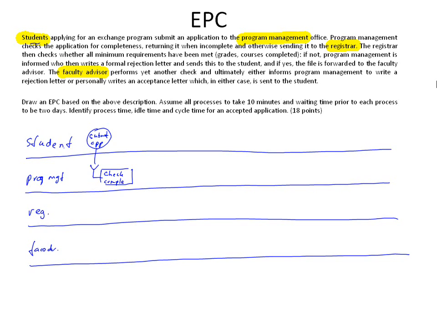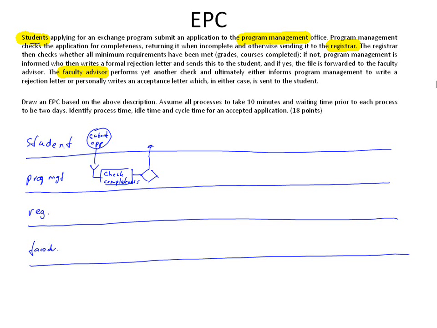There's a lot of checking in this particular assignment, and it's important to name all the processes differently and stay as close as possible to the text in the assignment itself. Checks for completeness, returning it when incomplete. That means there is a decision being made.